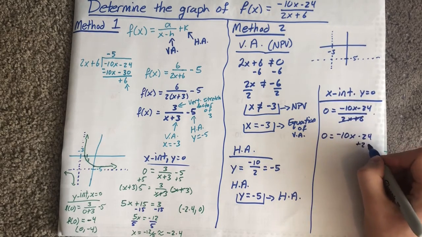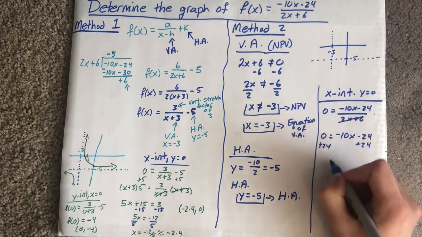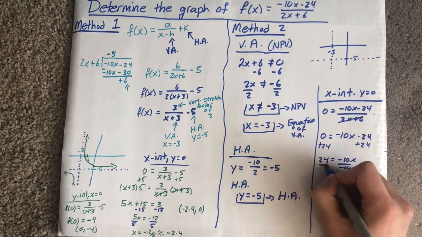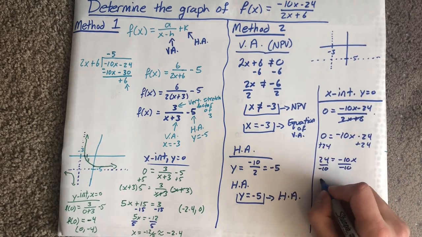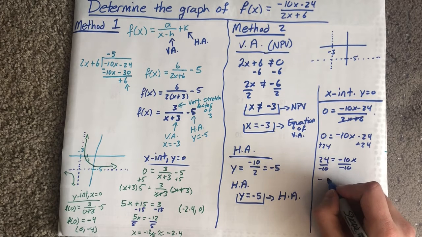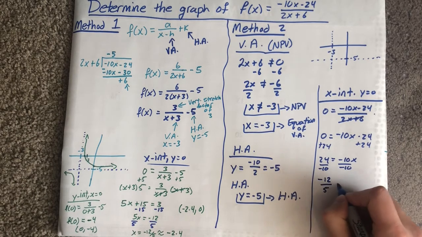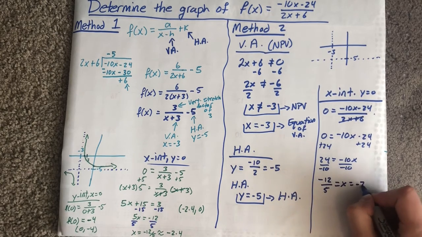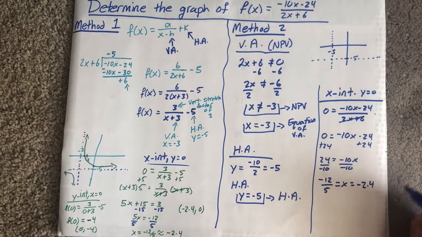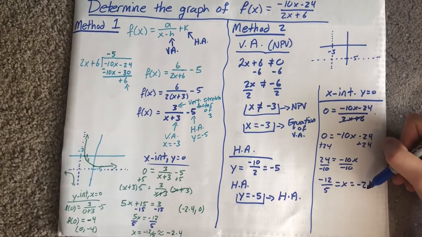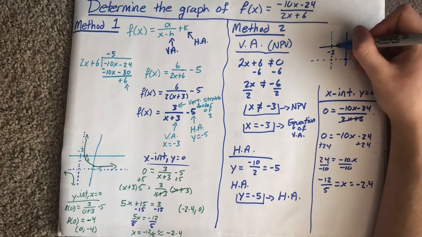So I'm going to add 24, divide by negative 10, and that gives me negative, I can simplify this. I'm going to put the negative on the top to get negative 12 over 5, which again is negative 2.4. So we know when y is 0, x is negative 2.4.